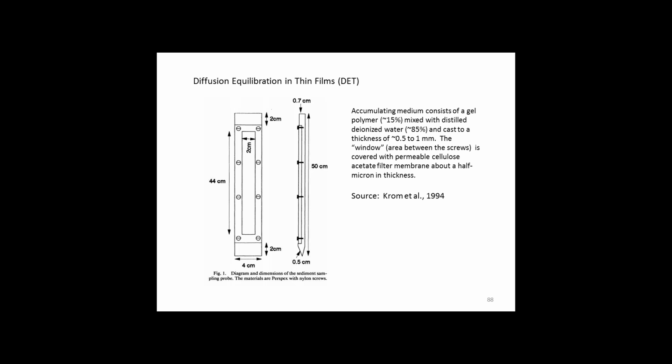Then a permeable acetate filter membrane is placed over the top, and it is inserted down into the sediment, and the same thing occurs where the pore waters will filter across that permeable membrane and accumulate in the polymer gel. Later, it's retrieved, and because the gel is semi-solid, it can be partitioned, and a vertical profile can also be obtained of contaminants.